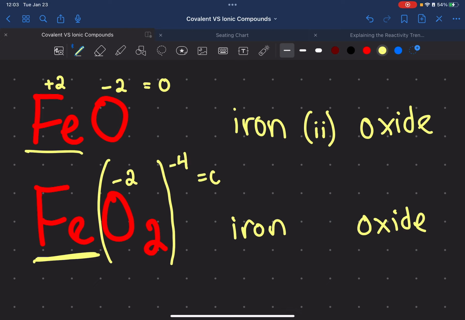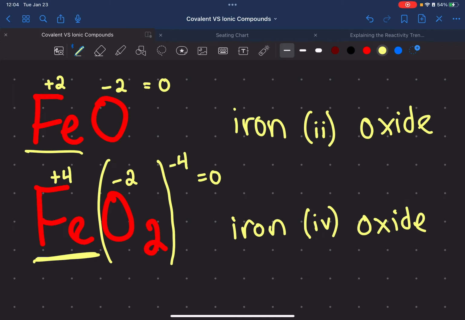Once again, I know that my negative charge and my positive charge have to add up to 0. So then it becomes a question of what the charge of my iron ion must be. We should see that it is +4, because then my +4 cancels out the -4 charge of my 2 oxides together. So the name of this compound would be iron 4 oxide rather than iron 2 oxide.